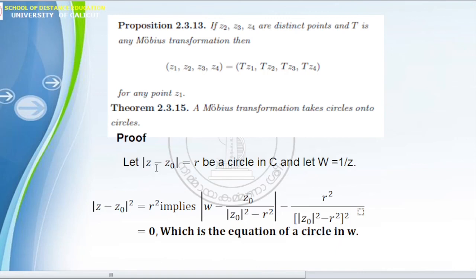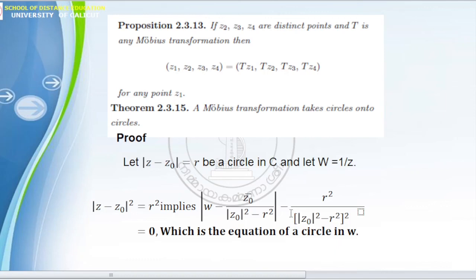So that implies, when we apply z is equal to 1 by w, you will get the answer as modulus of w minus z0 bar divided by (mod z0 square minus R square), which is equal to R by (mod z0 square minus R square).